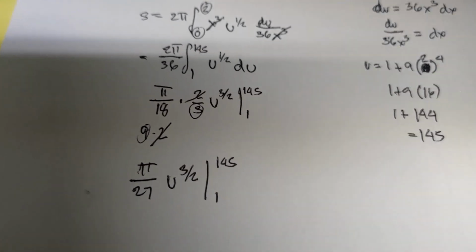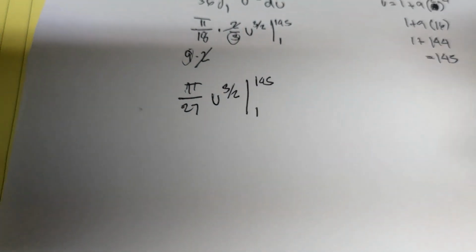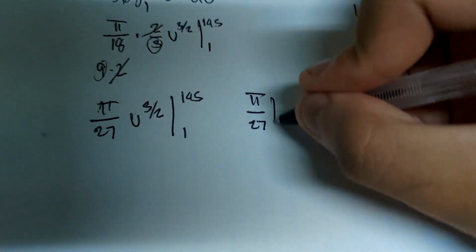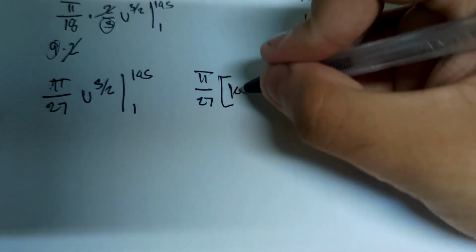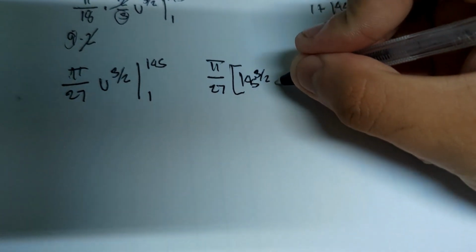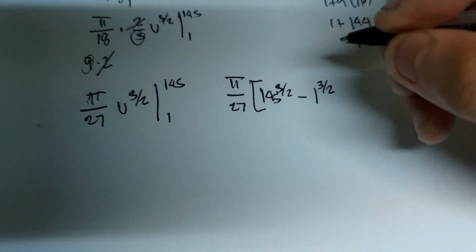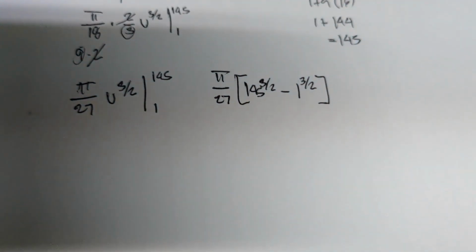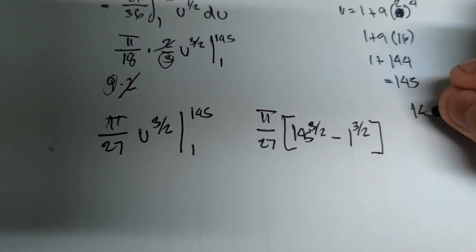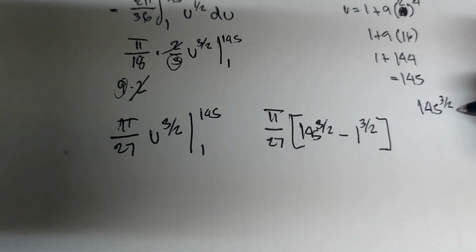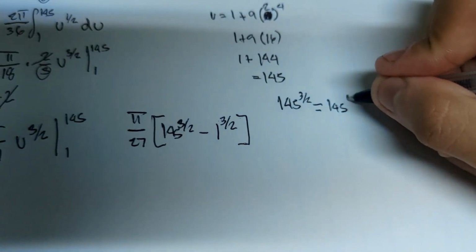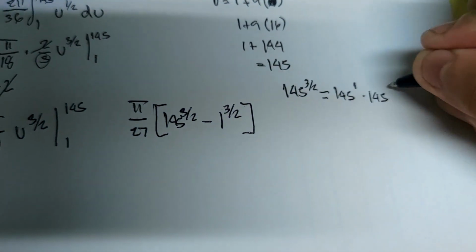Okay, so now we can solve this. Pi over 27. You can use your calculator in this part. 145 raised to 3/2 minus 1 raised to 3/2. As you can see, 145 raised to 3/2 is equal to 145 times 145 raised to 1/2.